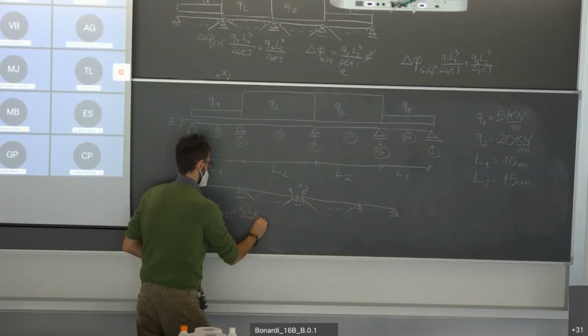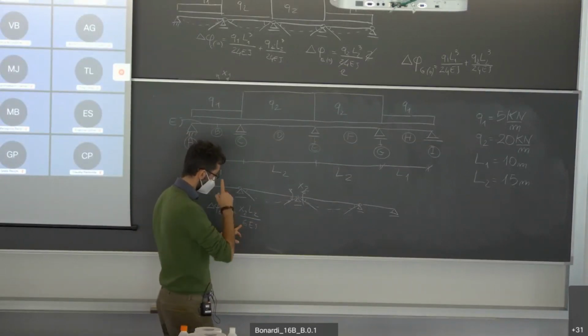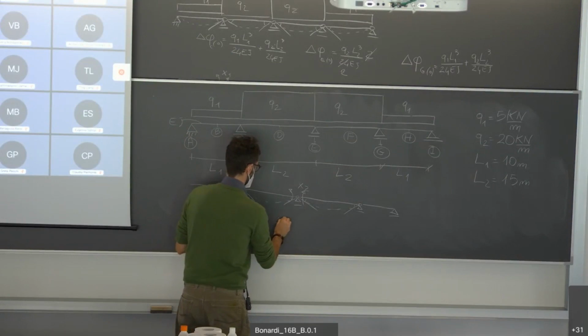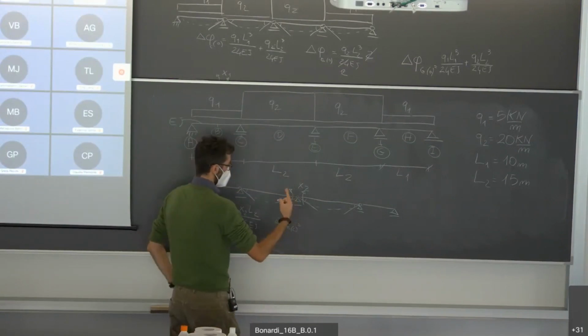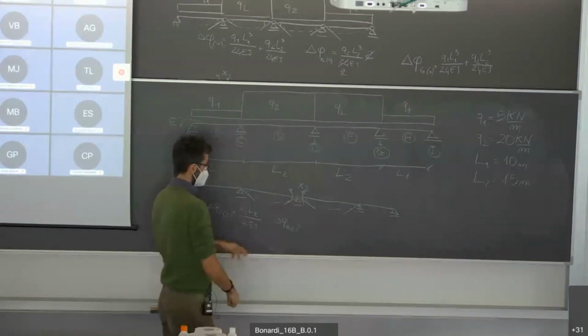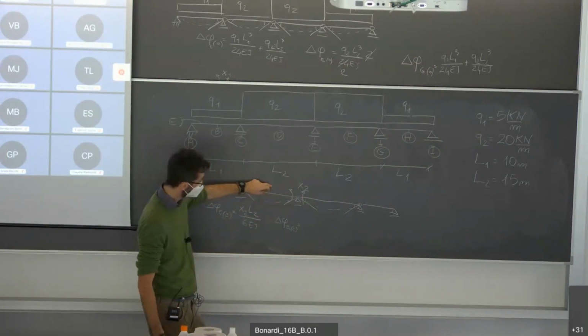So this is its value. And we have delta phi E2, which is x2 times L2 over 3 iota, okay?